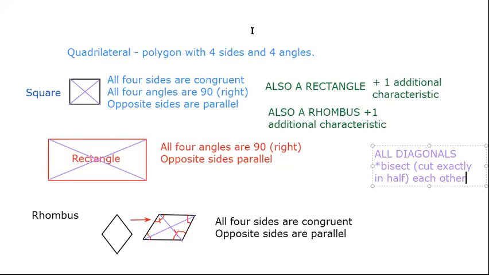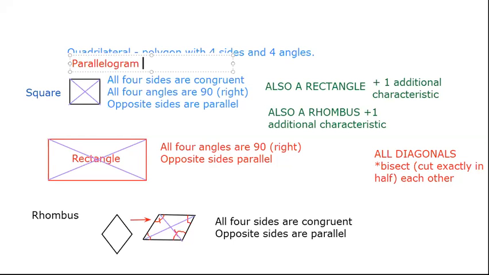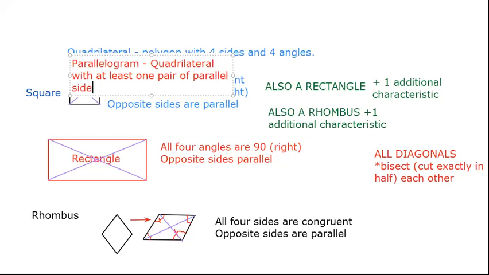So it's important to note here that a parallelogram is a quadrilateral with opposite sides being parallel. Four sides, actually with at least one pair of parallel sides is parallel.